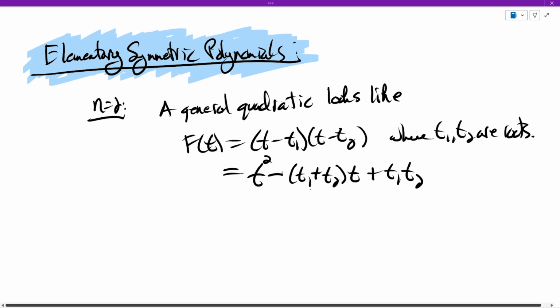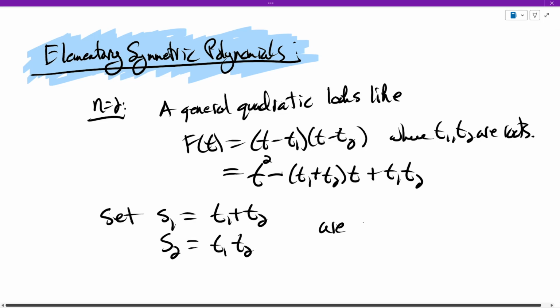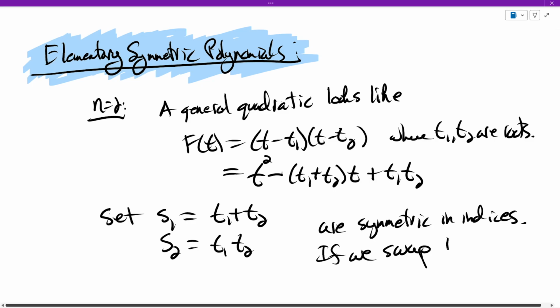And notice that these expressions that show up in the coefficients are symmetric in the indices. That is, if we swap 1 and 2, then S1 and S2 do not change, right?